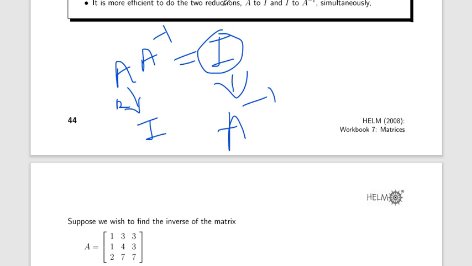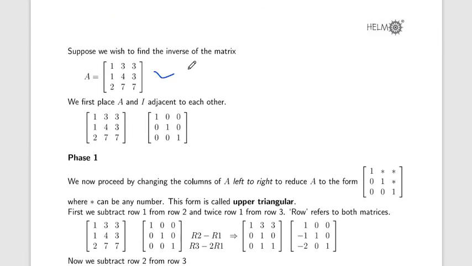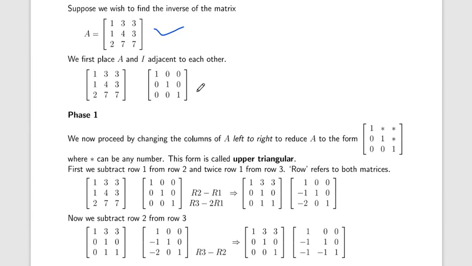Okay, so now we have this A matrix. We will make an augmented matrix like this, A matrix and identity matrix.